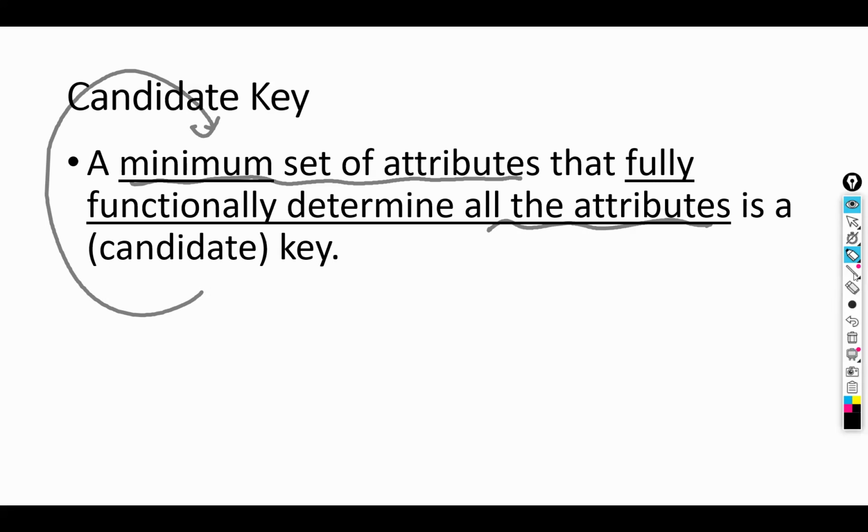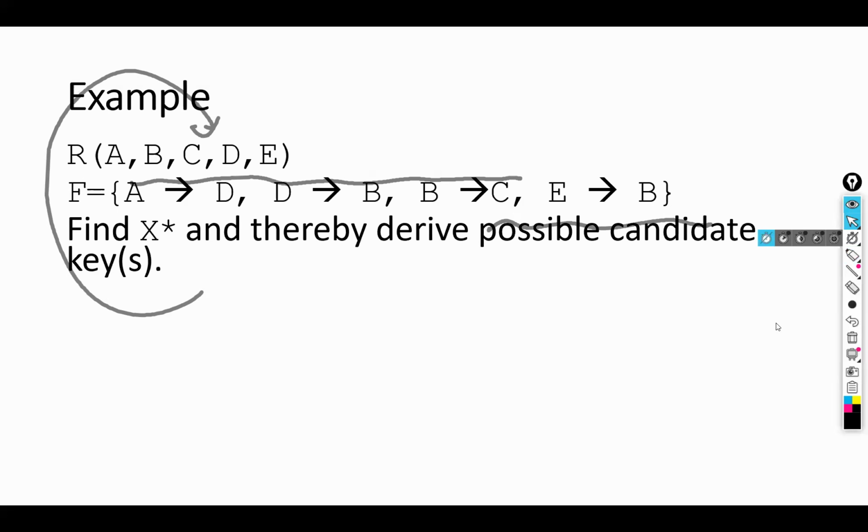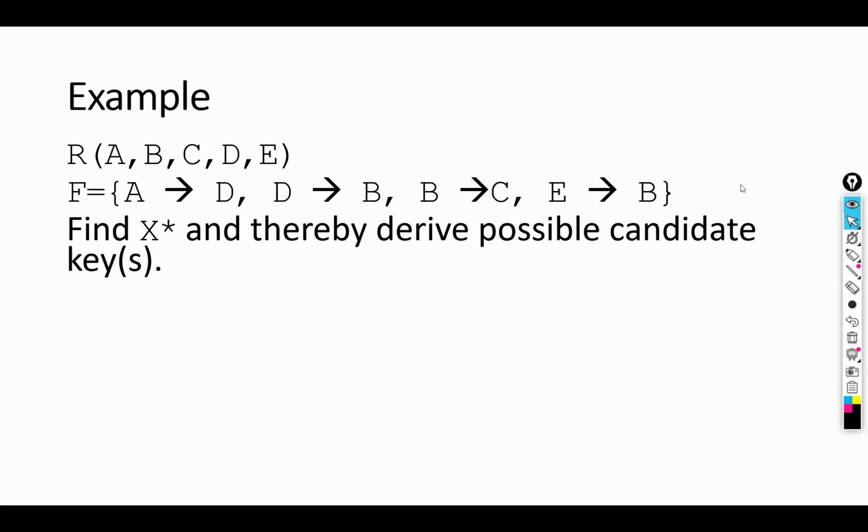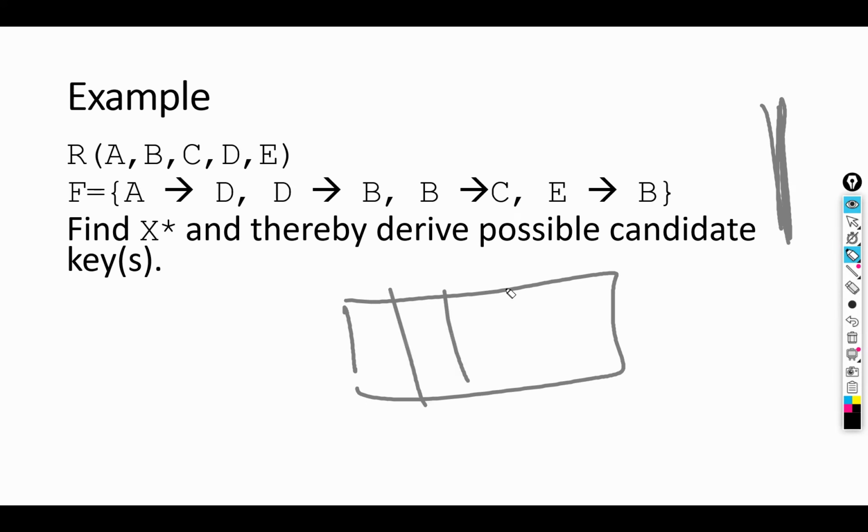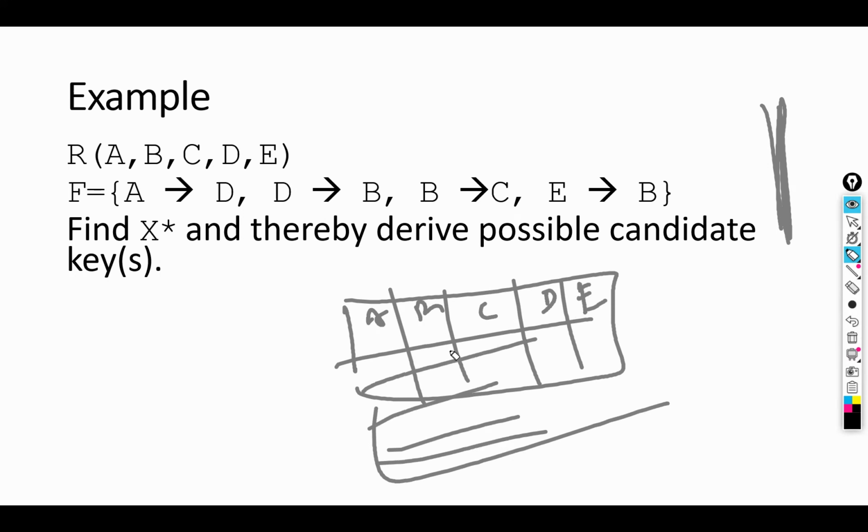But let's take an example. Say these functional dependencies are given. These are the fields: A, B, C, D, E. Those are the fields in a relation. Then we will have tuples for these five fields.